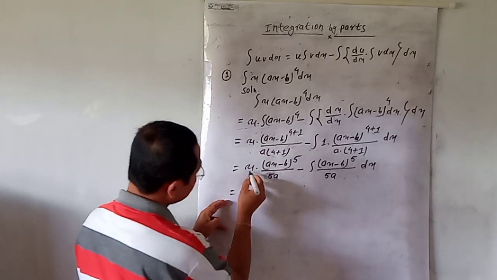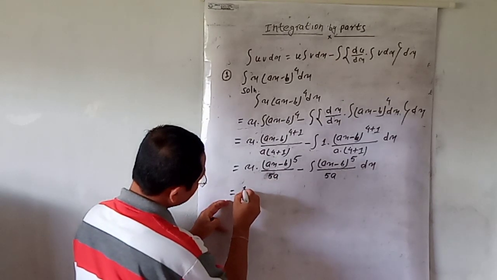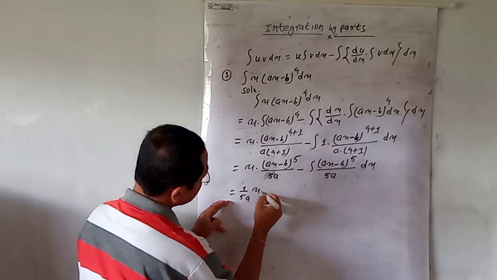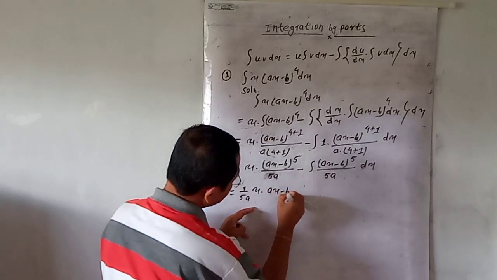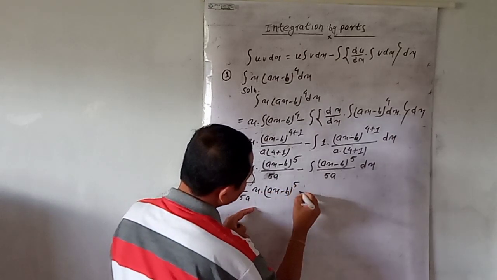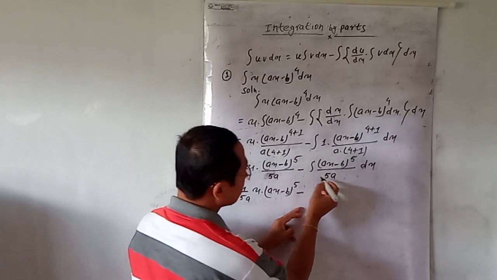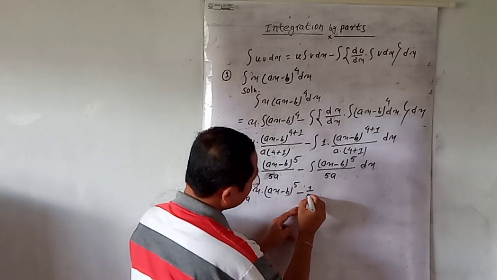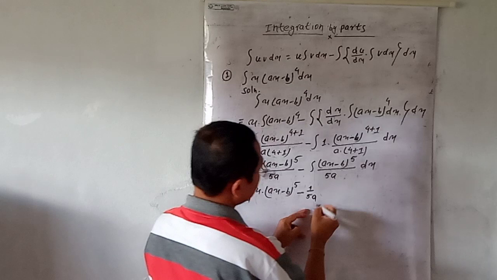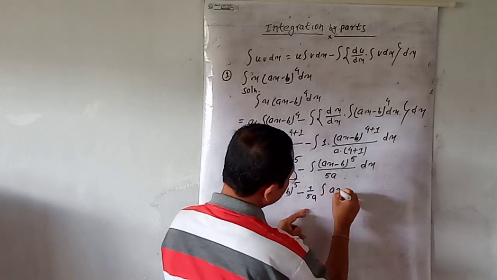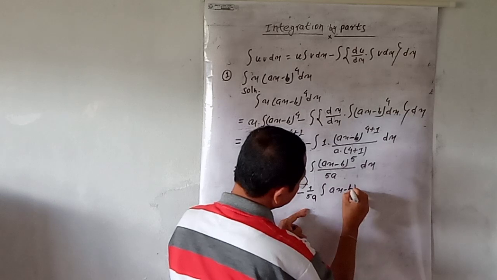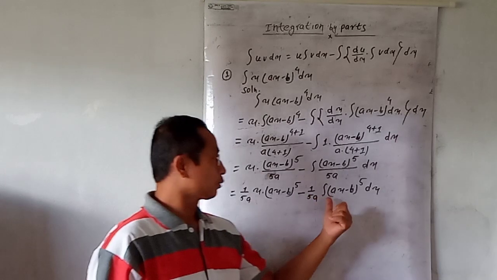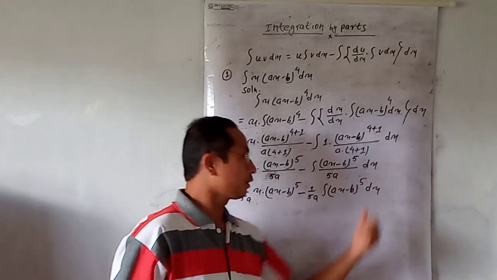This is equal to 1 by 5a, x into (ax - b)^5, minus the integration of (ax - b)^5. This 5a we keep outside, then 1 by 5a, the integration of (ax - b)^5 dx. Now we have to calculate the integration of (ax - b)^5 dx.